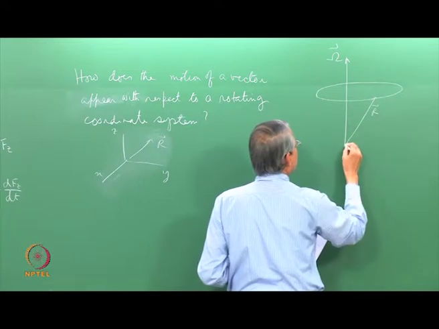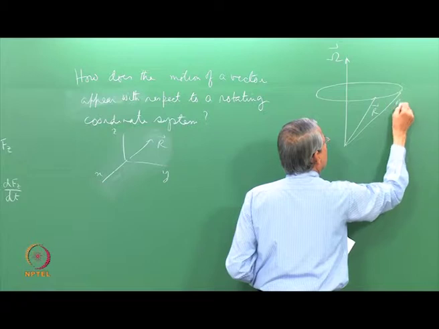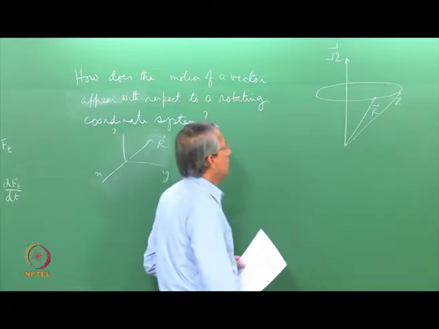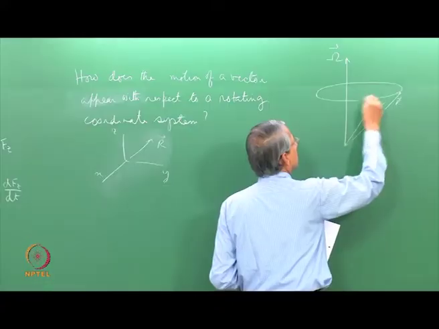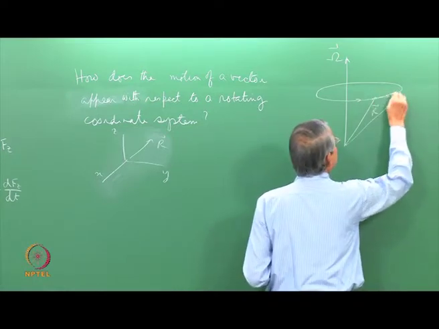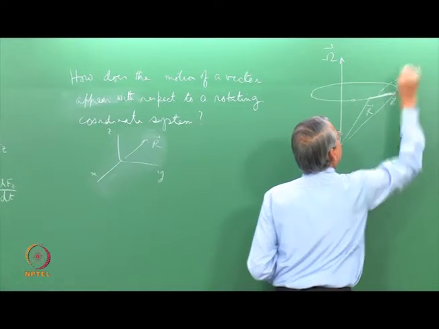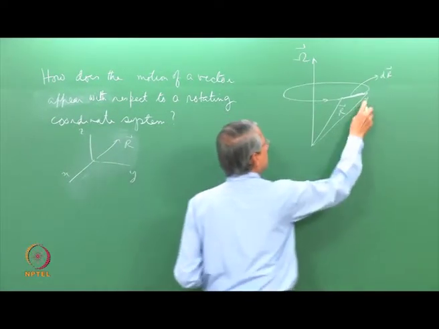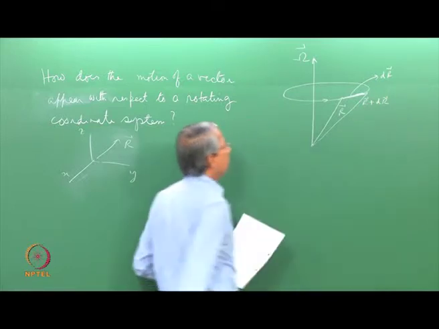After some time it will appear here, but this vector is different from this vector because the direction has changed, while the magnitude has not changed. The change here I call dr. So, this is actually equal to r plus dr.